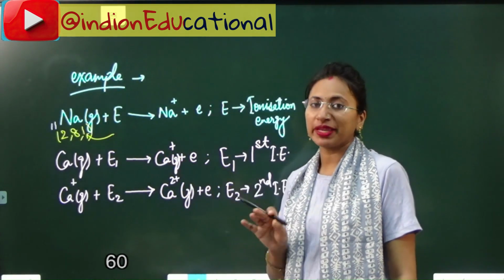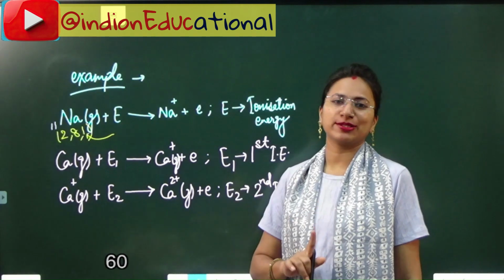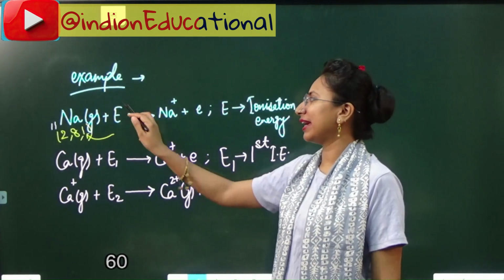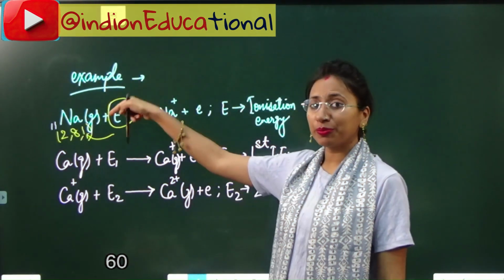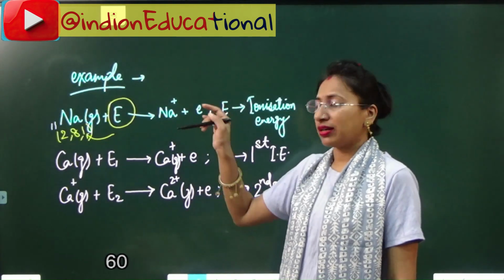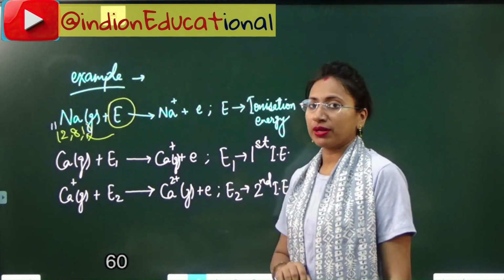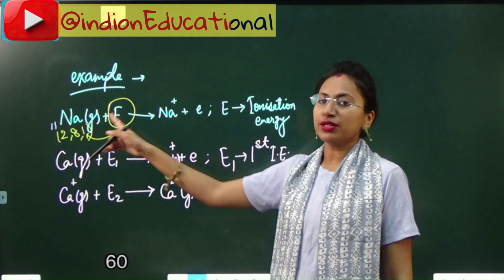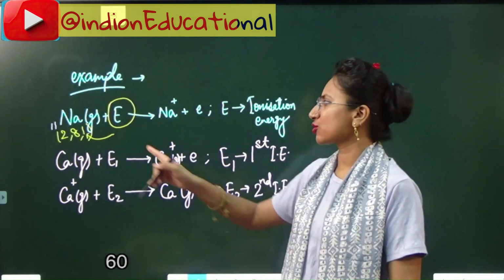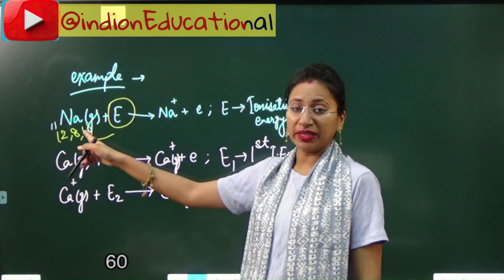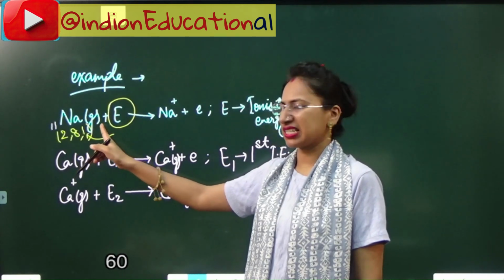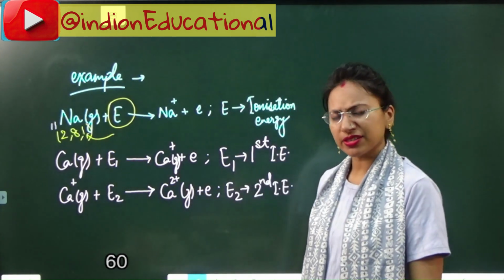This process will be endothermic, not exothermic. You need to add energy for ionizing this sodium atom, which is already in the stated condition: an isolated gaseous atom in its ground state.